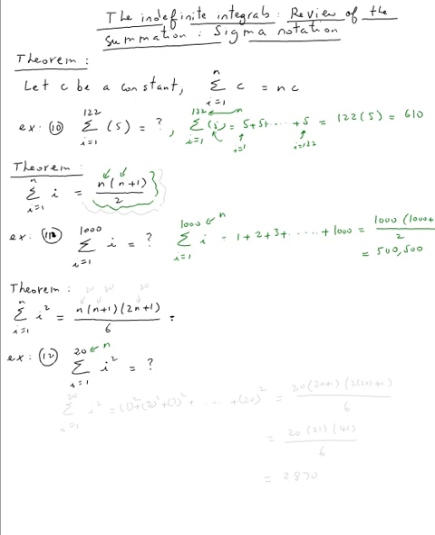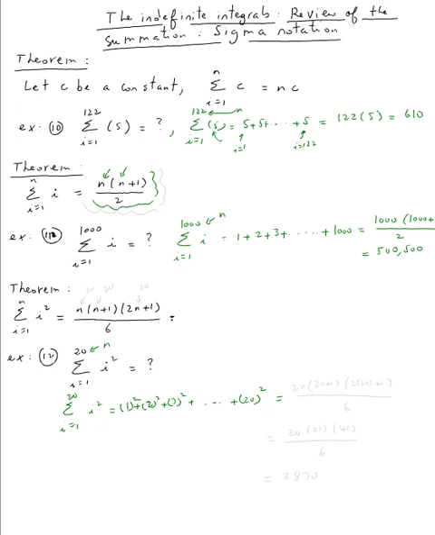So the sum from i equals 1 to 20 of i squared, instead of doing 1 squared plus 2 squared plus 3 squared all the way to 20 squared, using this formula makes it so easy for me.